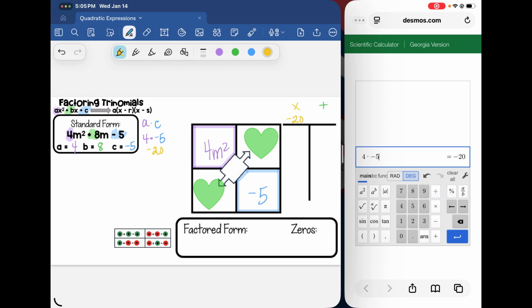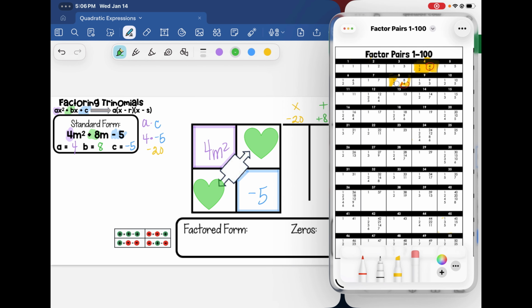So I want two numbers that multiply to negative 20, but add to a positive 8. So I need to go to my factor pair list. And on my factor pair list, I'm going to find factors of 20. All right, but I want my product to be a negative.